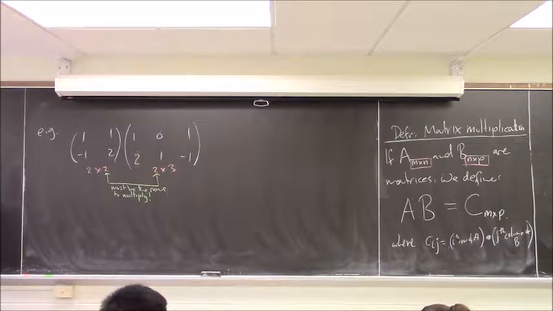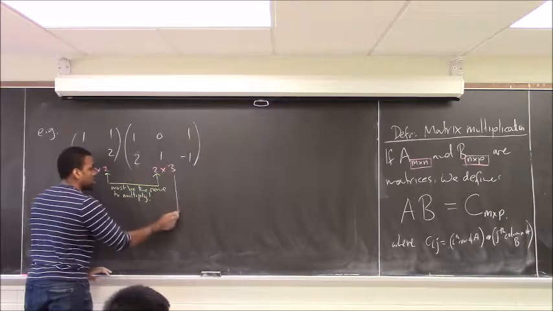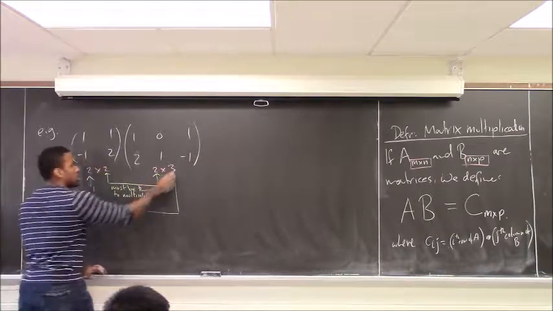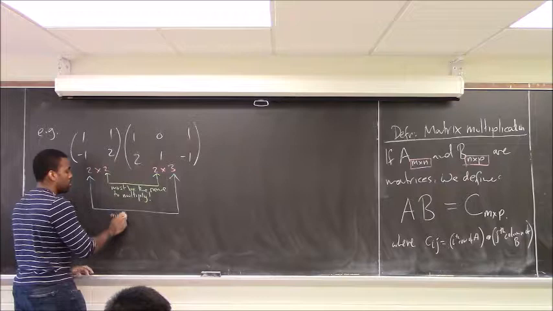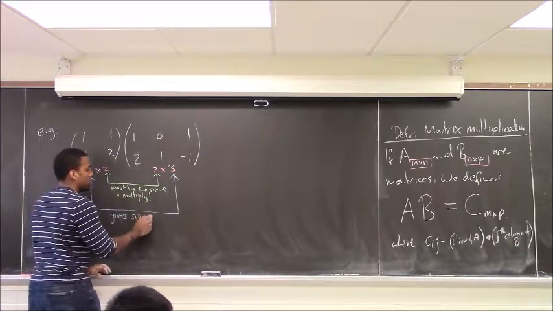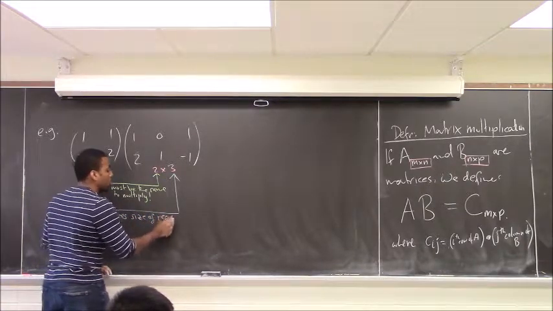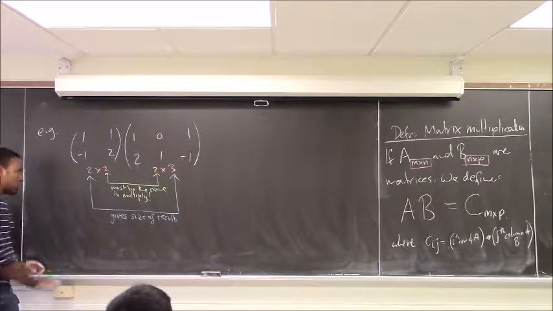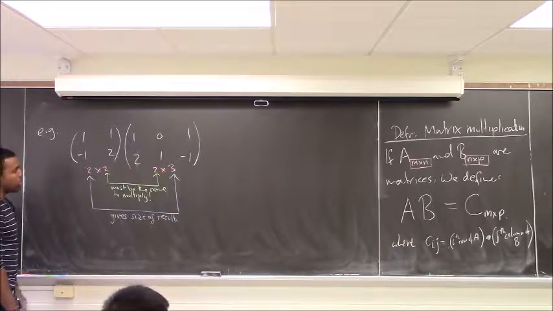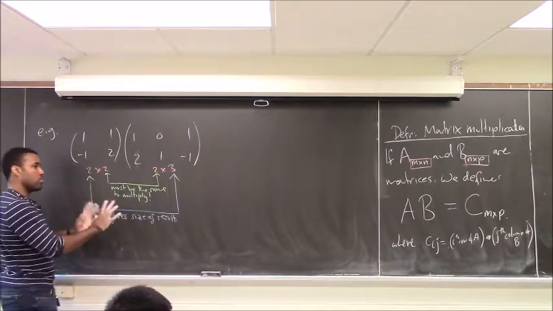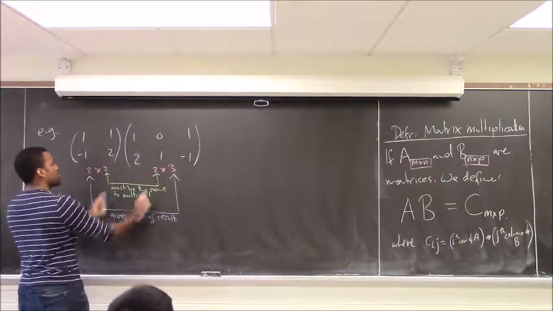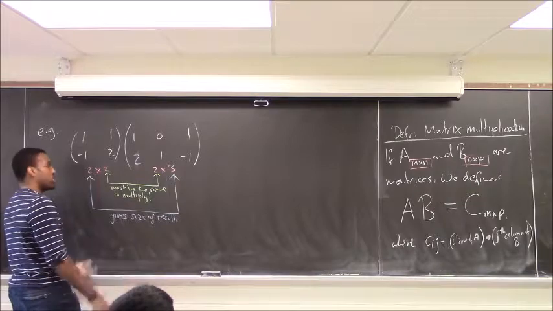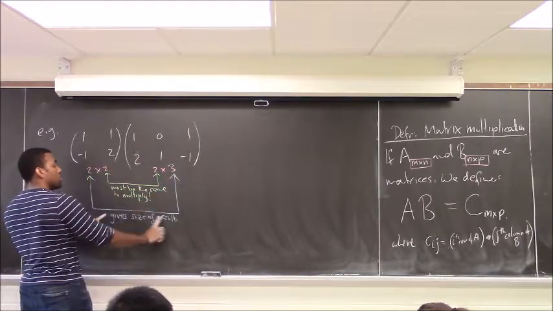The outer numbers tell you what the size of the resulting matrix is going to be. So essentially, matrices, when you're multiplying them, can be of different sizes. However, they have to be arranged in a certain way. Once you put them side by side, the inner numbers have to match up, and the answer is going to be the outer number size.